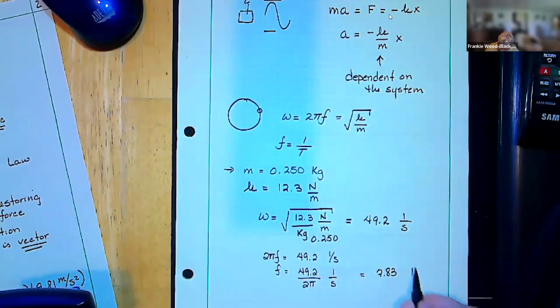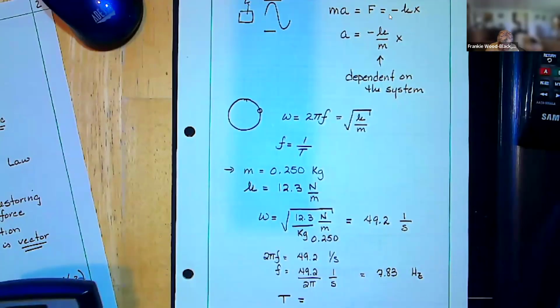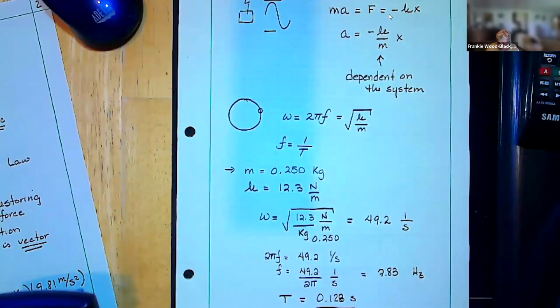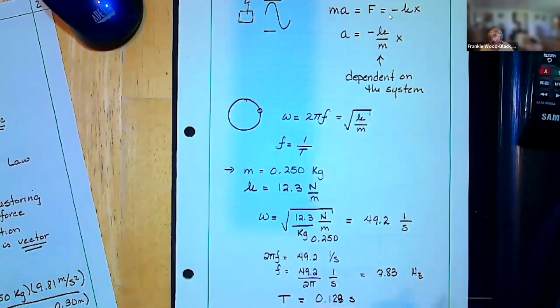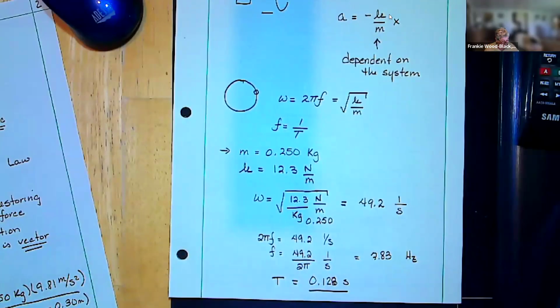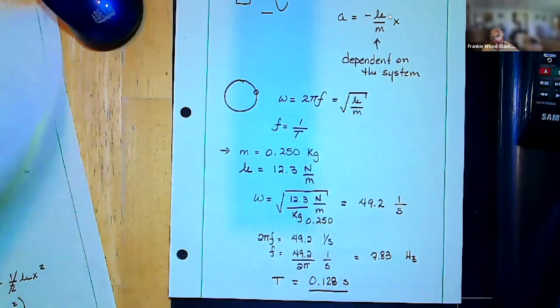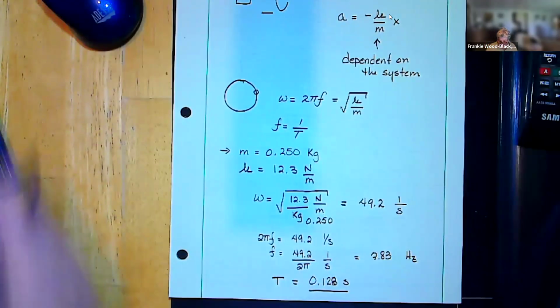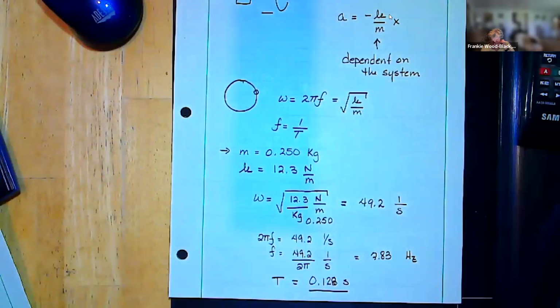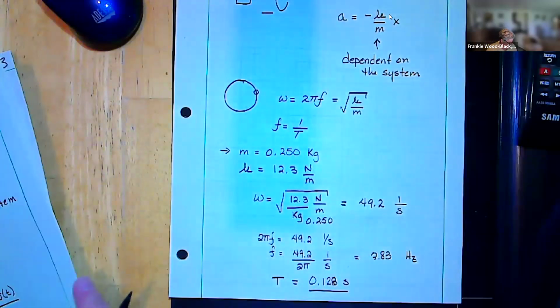And remember, 1 over seconds is a hertz. And if I want to know the period, I have to flip it over. And this would be 0.127 or 0.128 seconds. So we can actually find out information about our systems if we know our spring constant and the mass that's in our system.